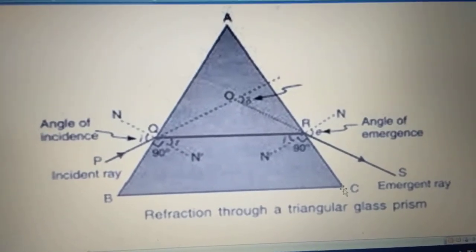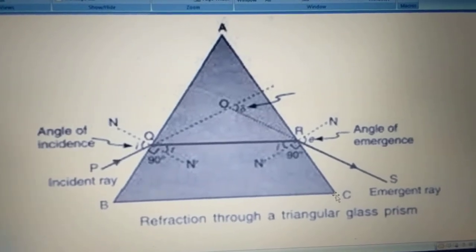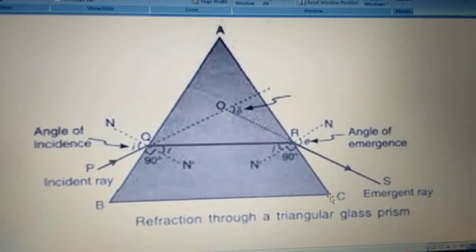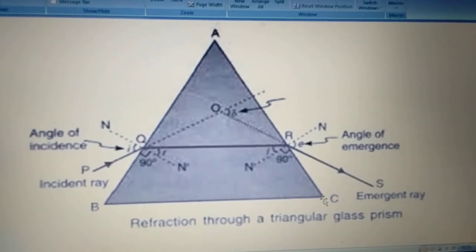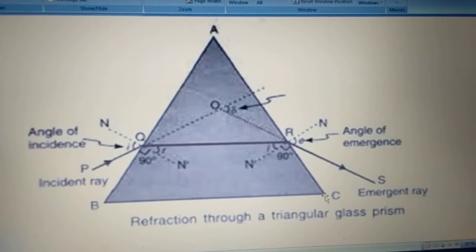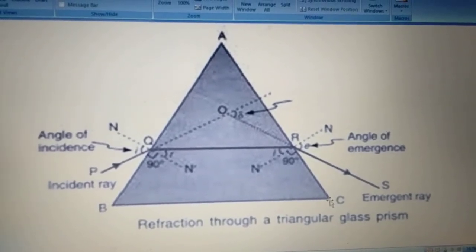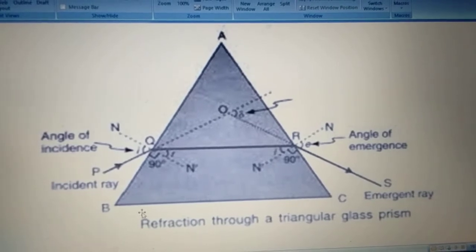So let us consider how refraction takes place in the prism. Whenever light enters into the prism or any other medium, bending takes place. Here you please see the angle of incidence. First, just see PQ.